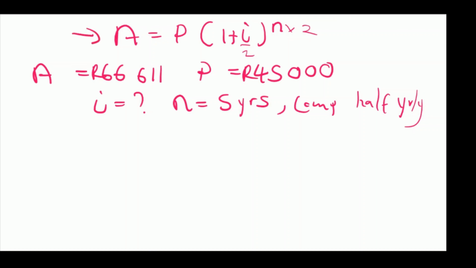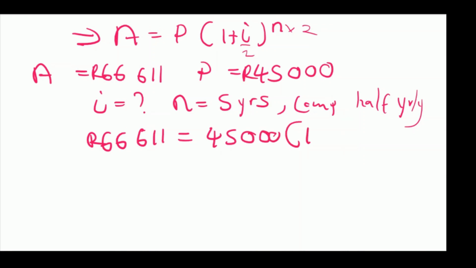So let's just substitute everything in this equation here. So instead of writing A, you're going to write 66,611 equals 45,000 Rand into 1 plus interest rate we don't know, divided by 2, to the power of 5 years multiplied by 2 because it's compounded half yearly.